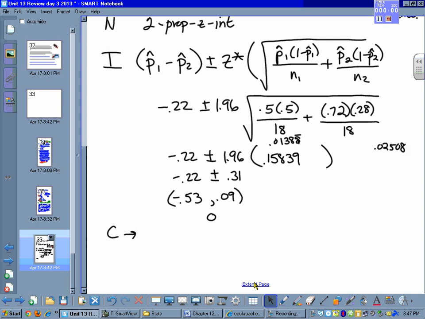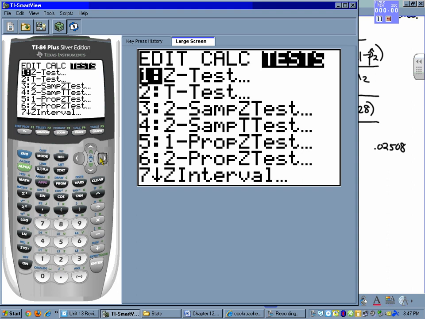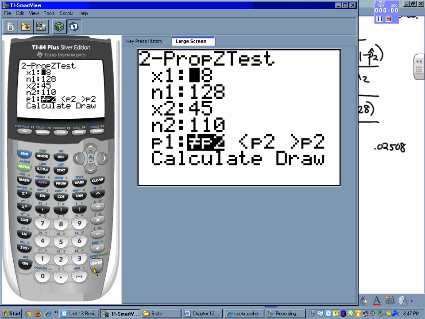The last thing I would like to do is bring up my calculator and calculate these two to double check my answers. So let's do the two proportion z-test first. And I'm going to put these cockroaches in, which I think was 9 and 18. And then we also had 13 and 18.